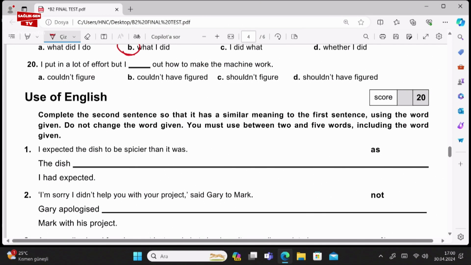What is the difference between couldn't have verb 3 and couldn't verb 1? Couldn't verb 1 is the verb 2 form of can, and couldn't have verb 3 represents an impossibility in the past. So we're going to go with A.